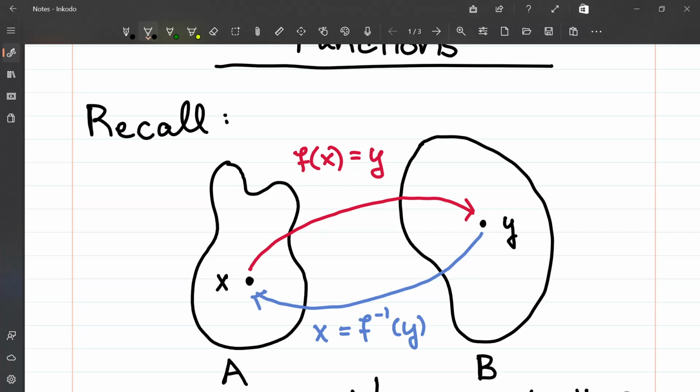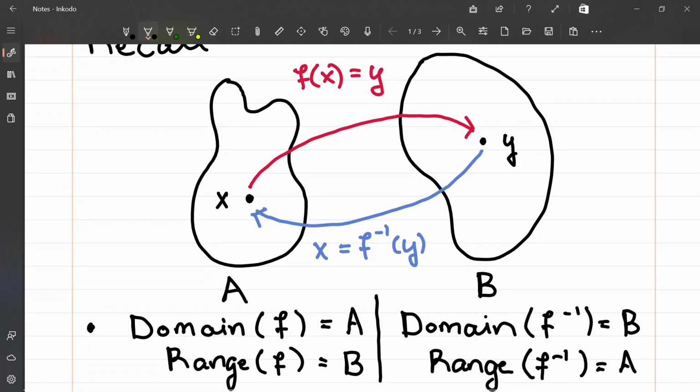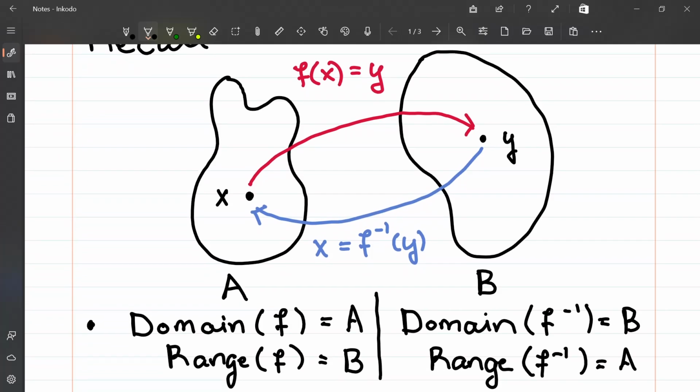From this diagram, then, we have several things that we should note down. They are shown here, but we need to say them a little bit more carefully. The first concerns domain and range. The function f has a domain of A and a range of B, meaning that all the inputs for f belong to the set A, and all the outputs for f belong to the set B, as you can see here from our diagram.